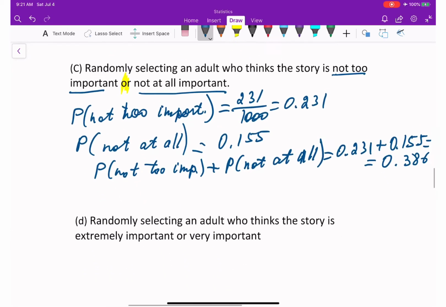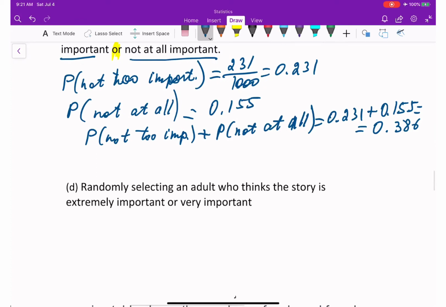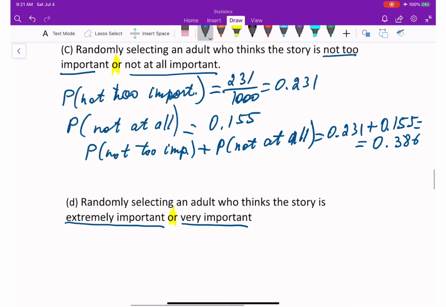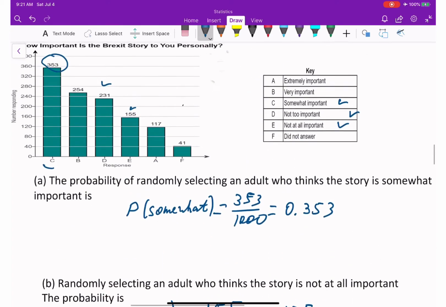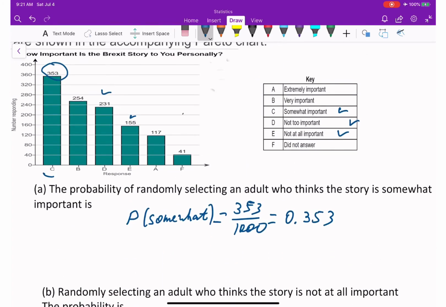Okay. Next one. Randomly selecting an adult who thinks the story is extremely important or very important. So we have two probabilities, extremely important and very important, connected with "or." Extremely important, how much do we have here? Oh, wait a minute.